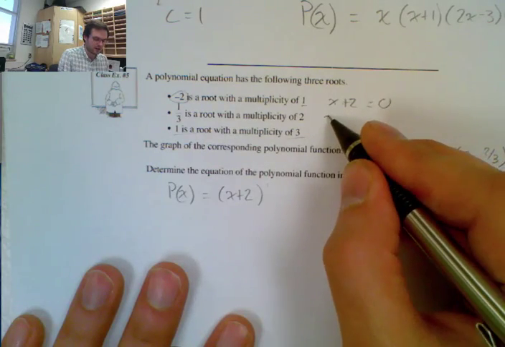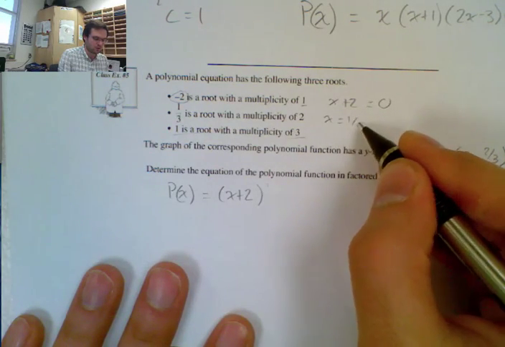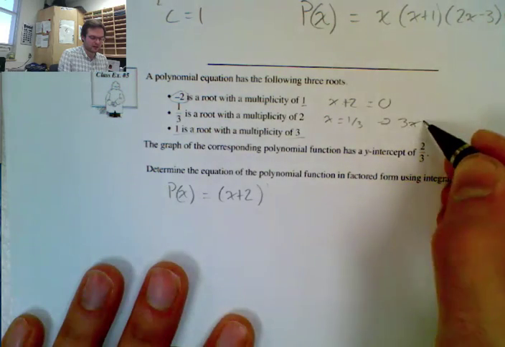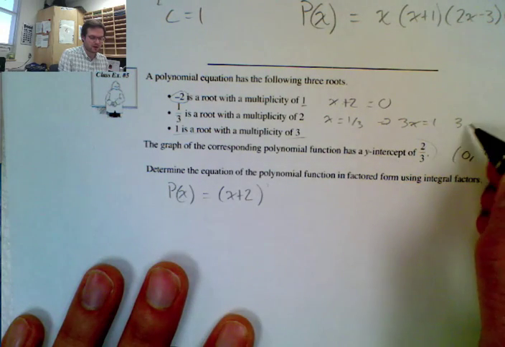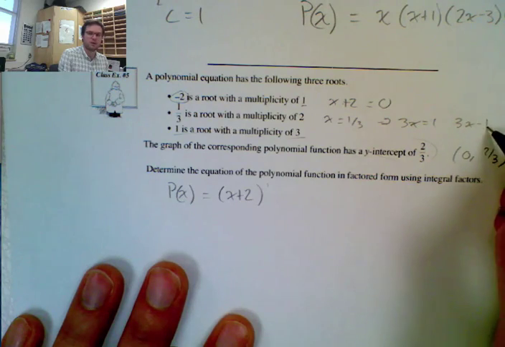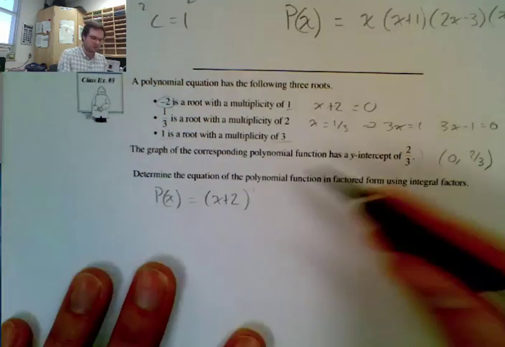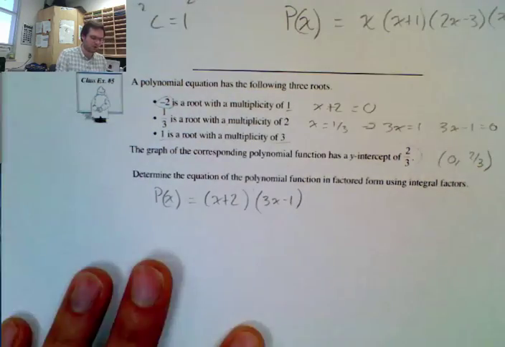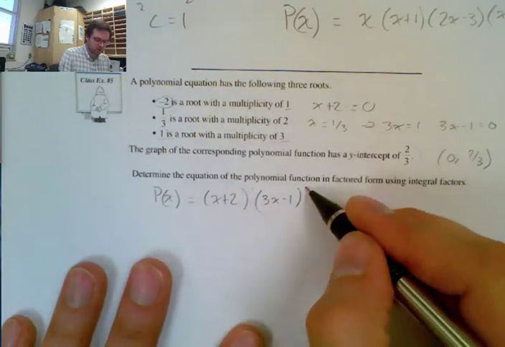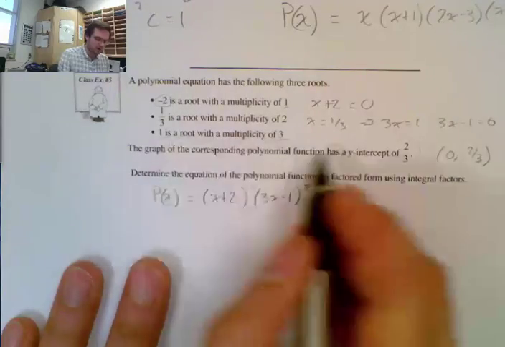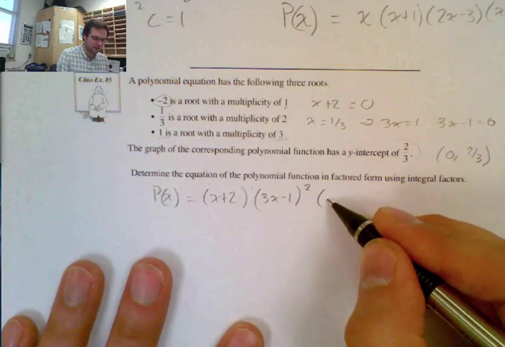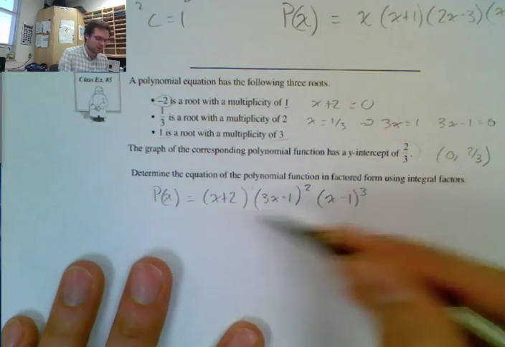That's like saying x is equal to 1 over 3, so 3x is equal to 1, 3x minus 1 is equal to 0. So we have 3x minus 1, that's another factor, and that's of multiplicity 2. And then 1 is a root of multiplicity 3, so we're going to have x minus 1 to the power of 3.